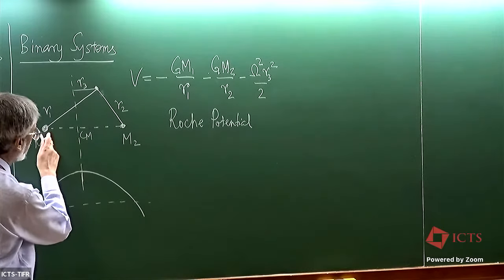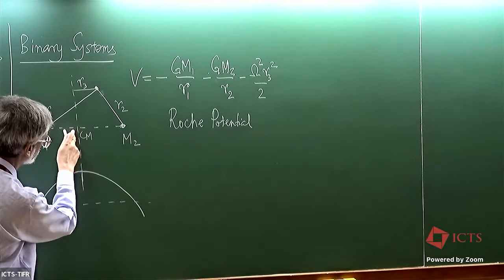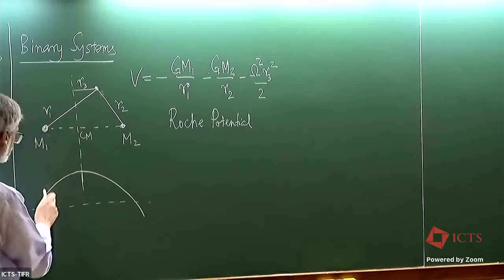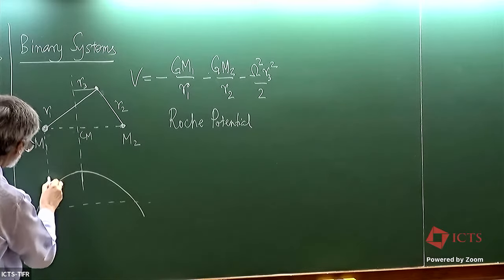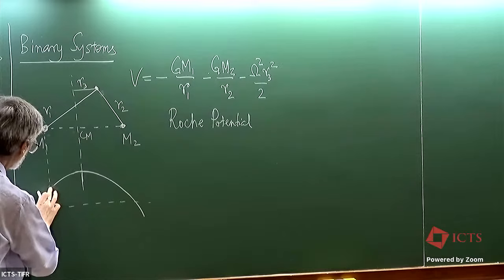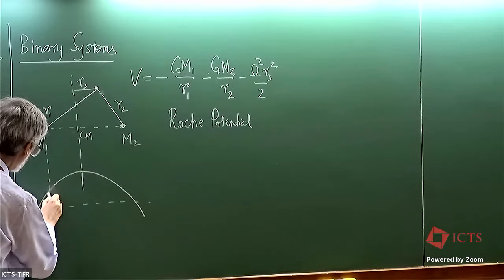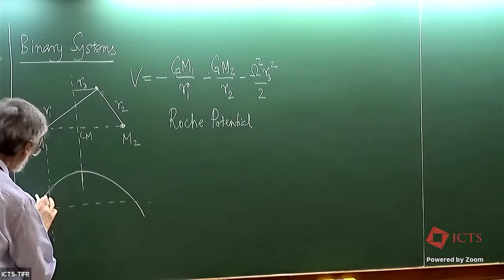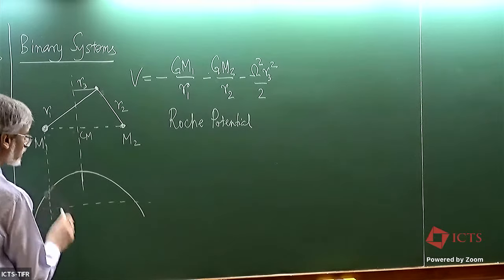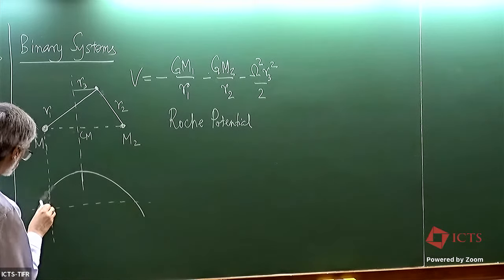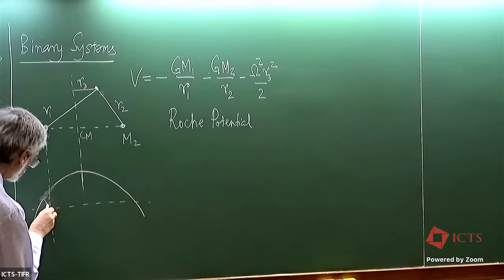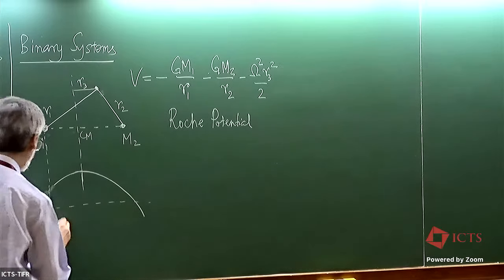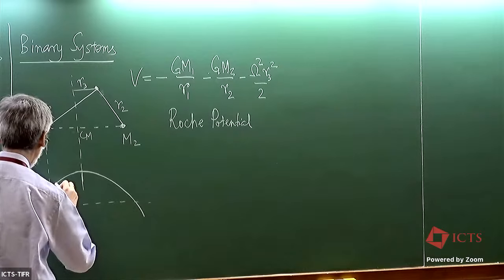This is a mass that is closer to the center of mass, which means this is heavier. So at this point, I have the heavy mass. So I then have a deep potential well over here.